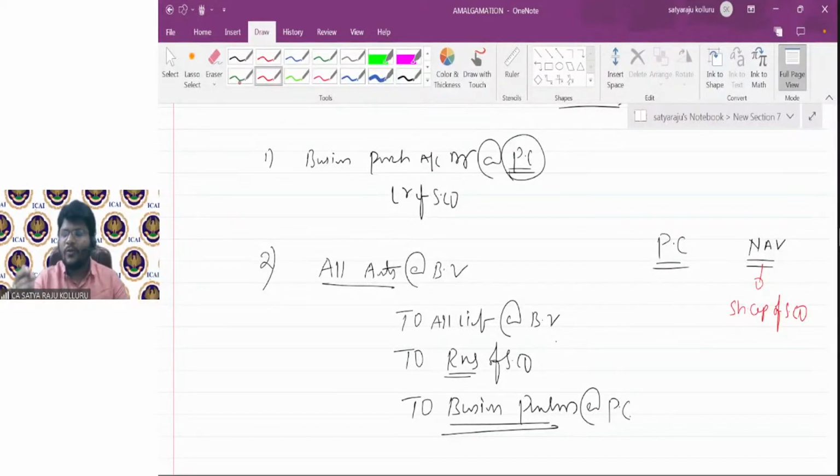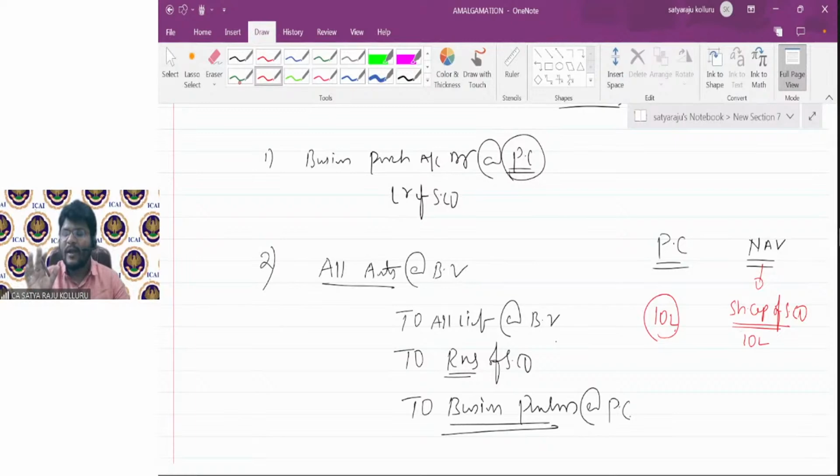Now PC, based upon the method of calculation, you may calculate the PC. Now let me give the different scenarios. Sir, purchase consideration is 10 lakhs. Share capital of the selling company is also 10 lakhs. Then there is no profit, no loss, nothing will happen to both the companies if PC is equal to NAV. Am I right? In the case of the purchase method also, we've seen the same thing.